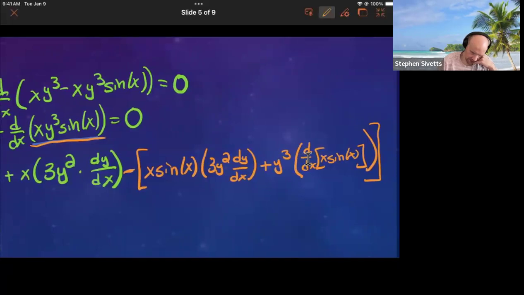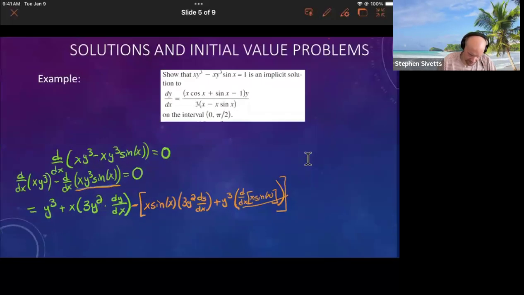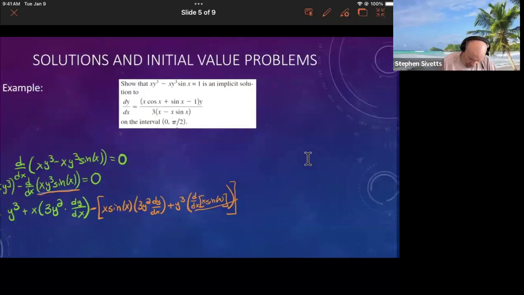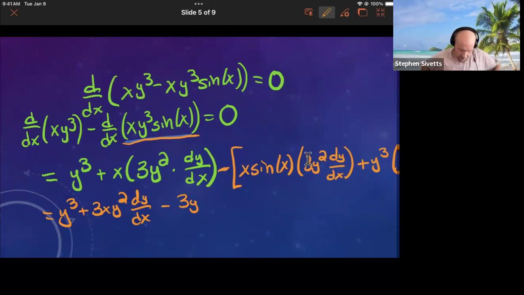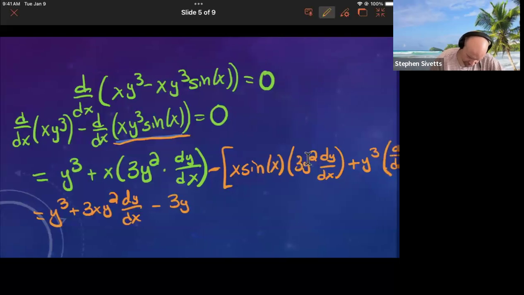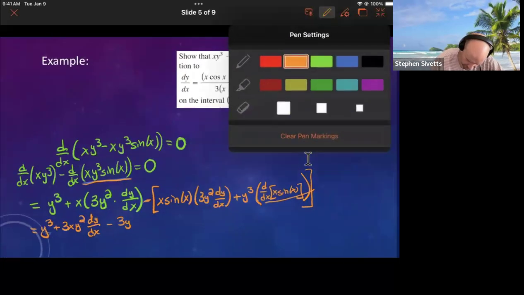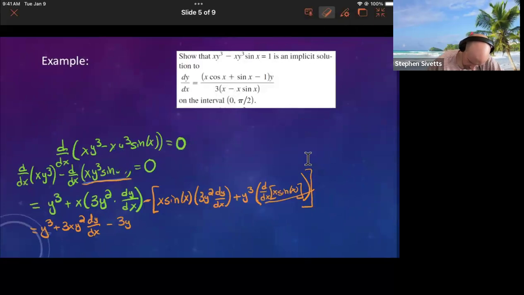And what we have now is, okay, if I go here, this is equal to y cubed plus 3x y squared dy/dx minus, all right, I gotta be careful here.